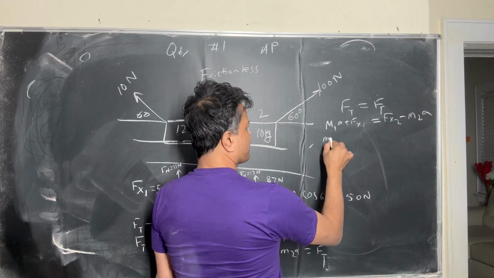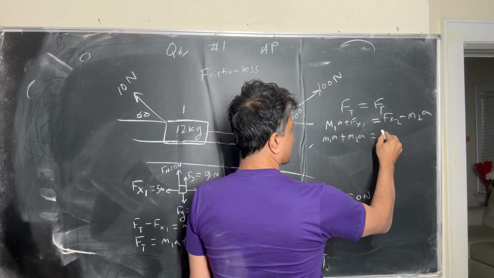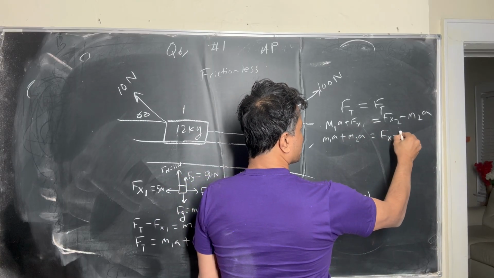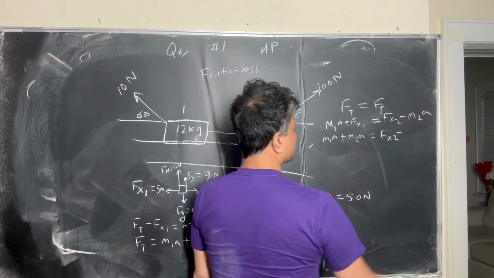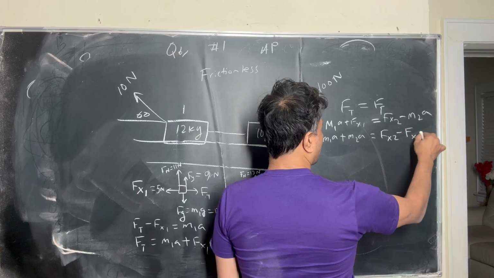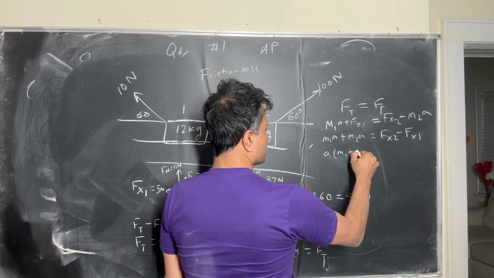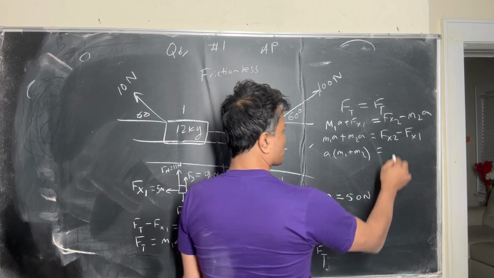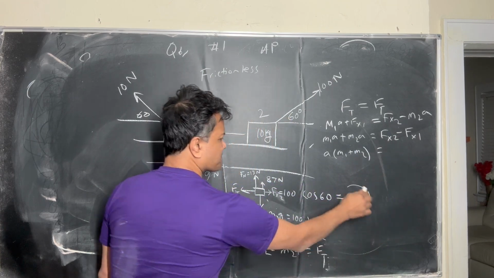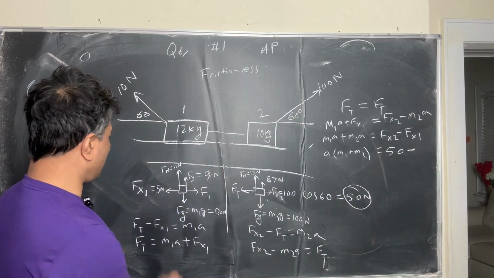So m1a plus m2a is equal to Fx2 minus Fx1. So a times (m1 plus m2) is equal to Fx2, which is 50, minus Fx1, which is 5.